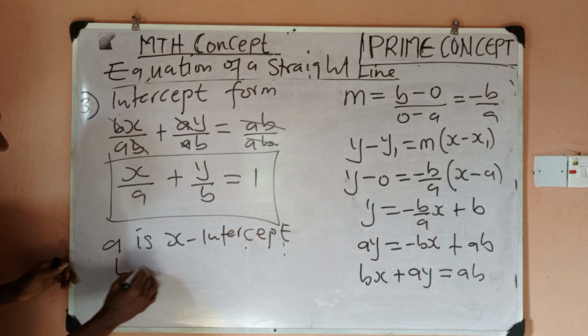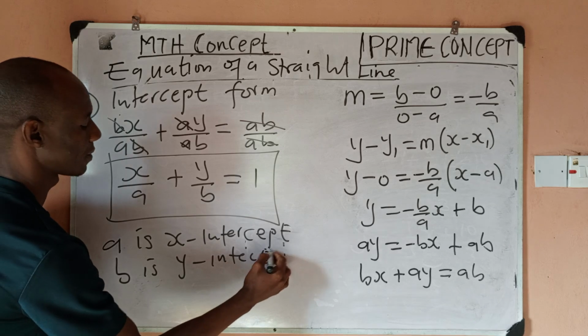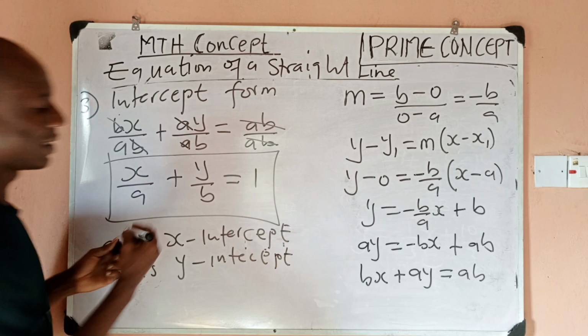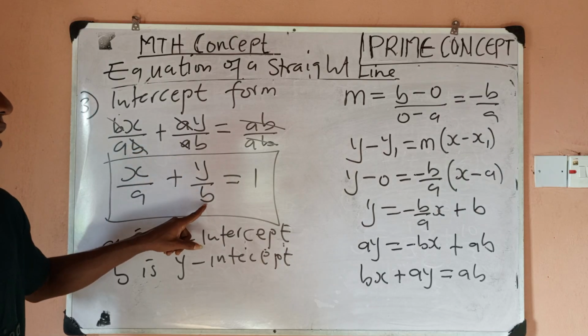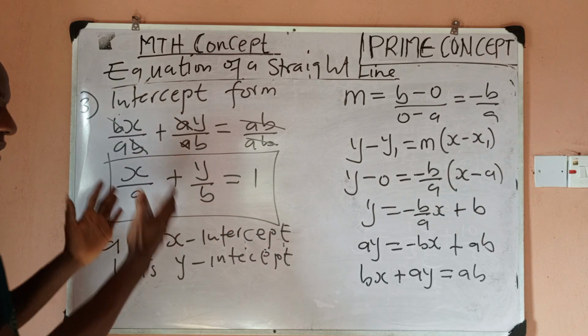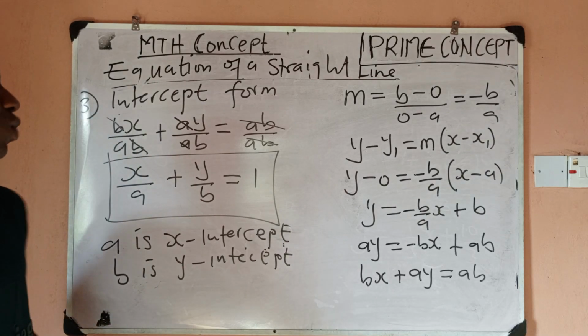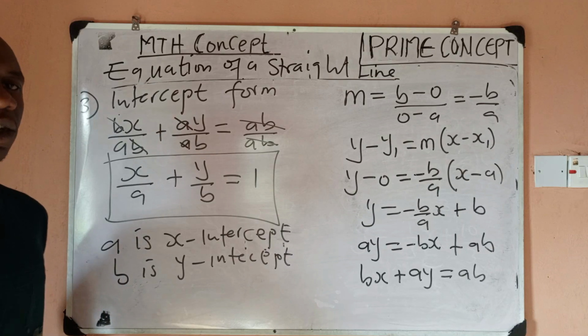And then b is the y-intercept, the intercept on the y-axis, which you would notice is directly under y. And this summation is equal to 1. So this is another very important equation, which you know as the intercept form for the equation of a straight line.